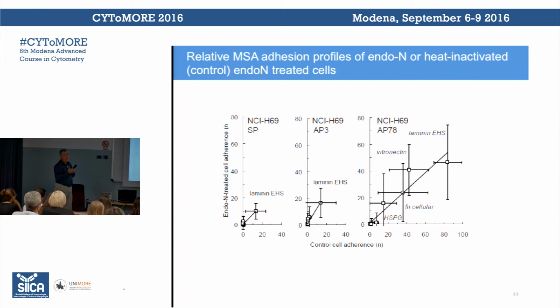And it's the laminins which are actually the targets for these cells. Not surprisingly, but that correlation means that extracellular matrix adhesion for these cells is not driven by polysialylation. Important.